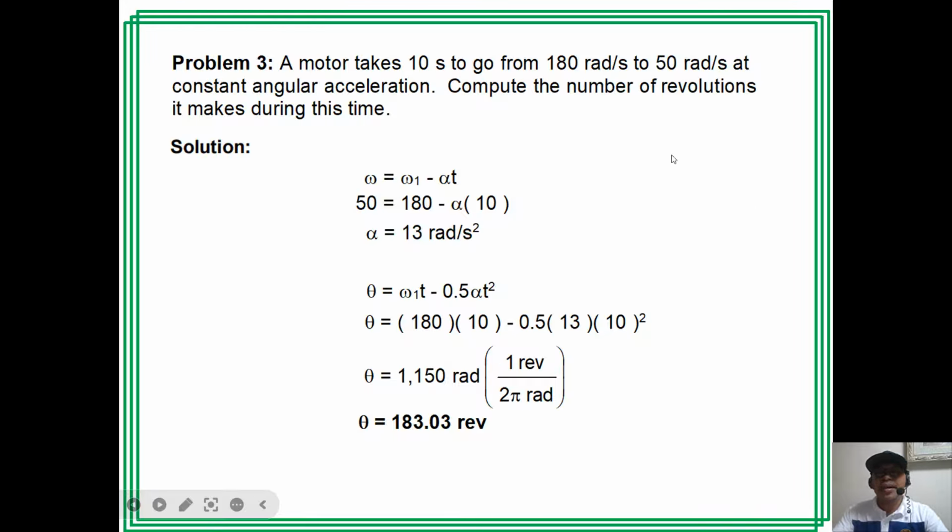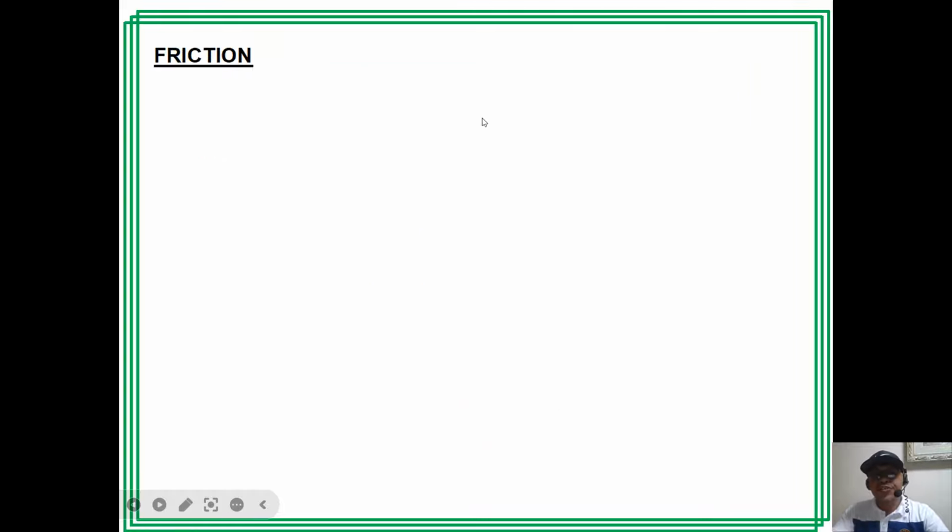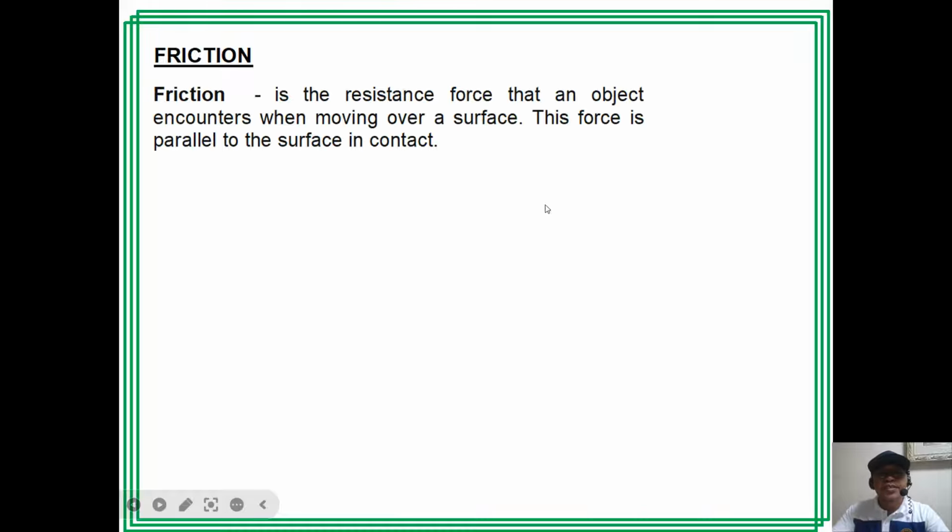Okay, so that is about rotation, motion in a circular path. We have here friction. Friction is the resistance force that an object encounters when moving over a surface.